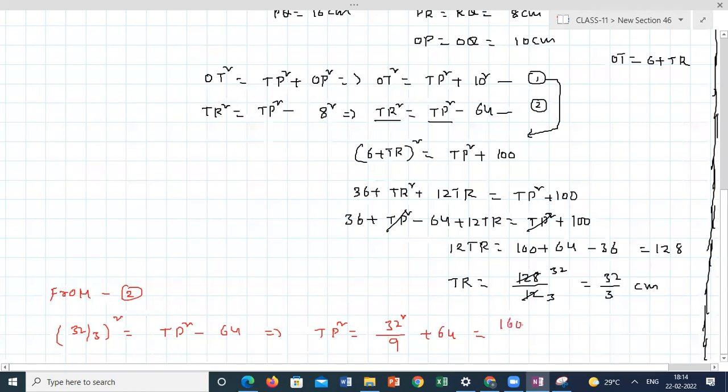Is it 1600 by 9? Is this answer the right answer, please? Anyone having any doubt, please let me know, students.